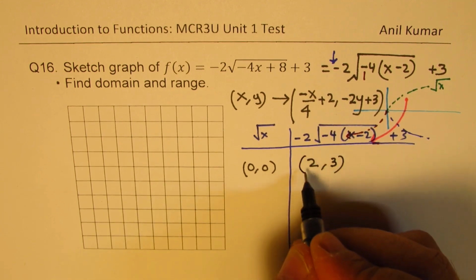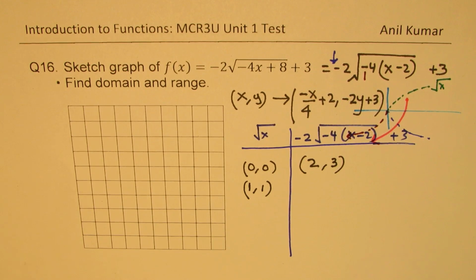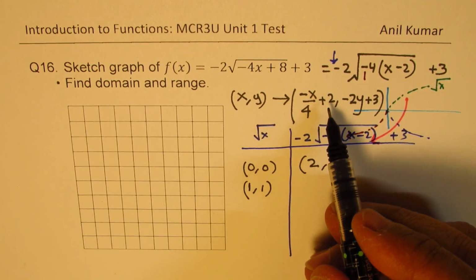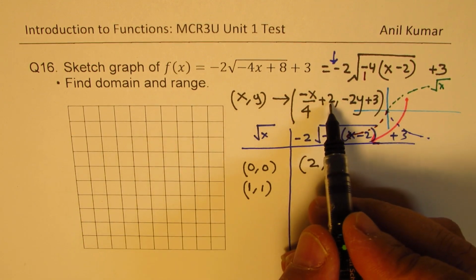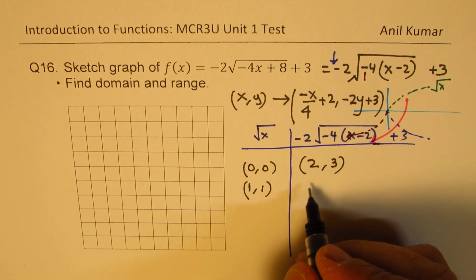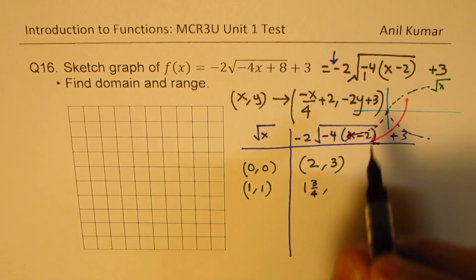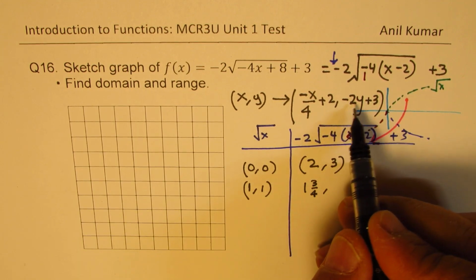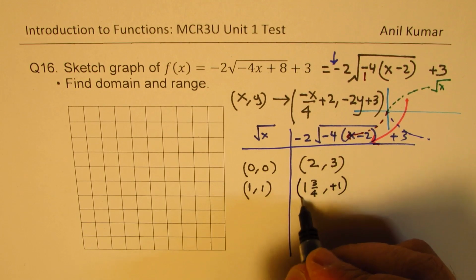So we have a point 2, 3. Then we have 1, 1. So if I write 1 here, we get 2 minus 1 over 4, right? So for 1, we get 2 minus 1 over 4, which is 1, 3 by 4. And here, if I substitute 1, we get -2 plus 3, which is +1, correct?